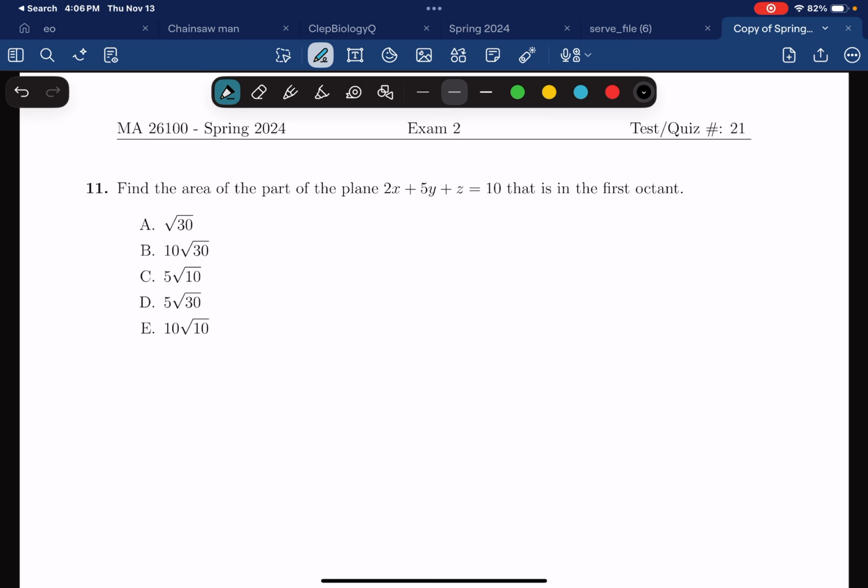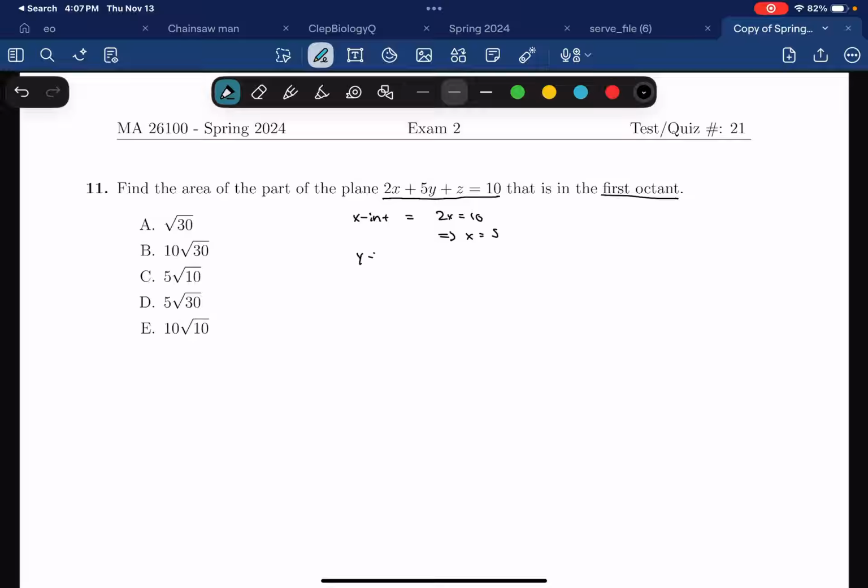So you have to find the area of the part of the plane 2x plus 5y plus z equals 10 that's in the first octant. So how am I going to start this? Well, I'm going to find the intercepts. So the x-intercept, when all these are 0, it's just 2x equals 10, which gets you x equals 5.